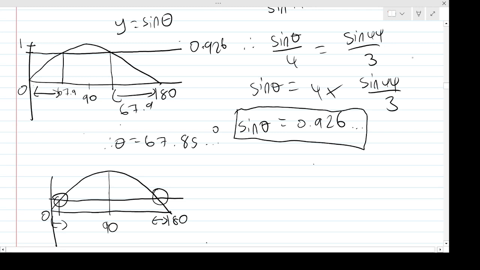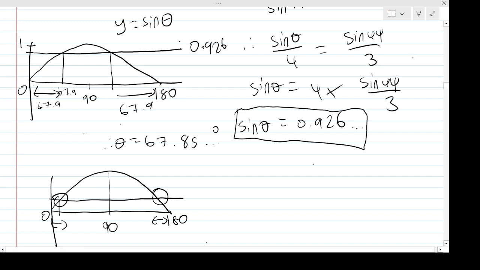So again, the gaps are the same: 67.9 here and 67.9 here. Which means then, to get this other point here, I need to do 180 take away this 67.9, to get this other value of theta there.